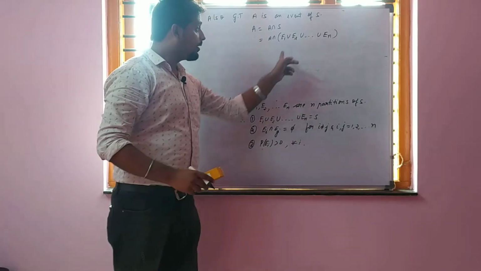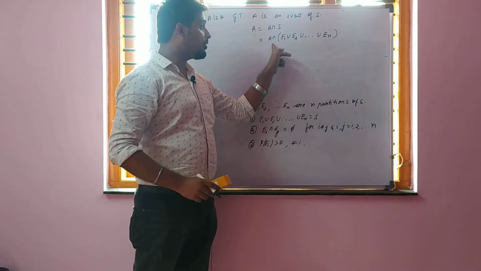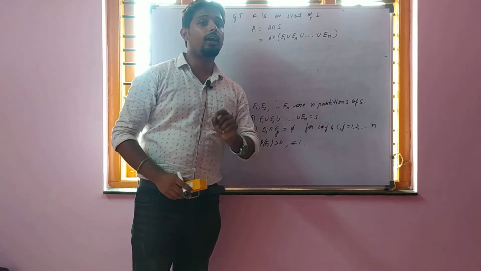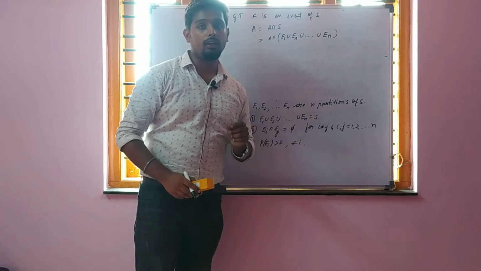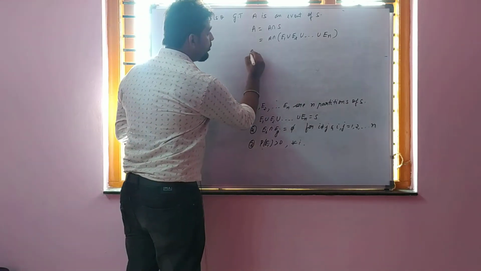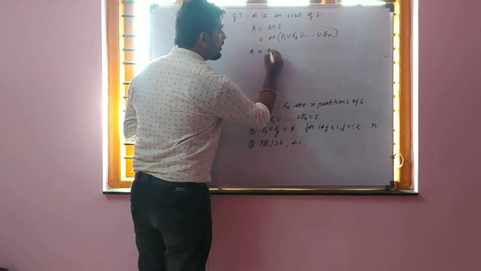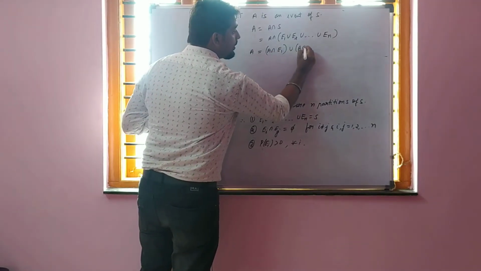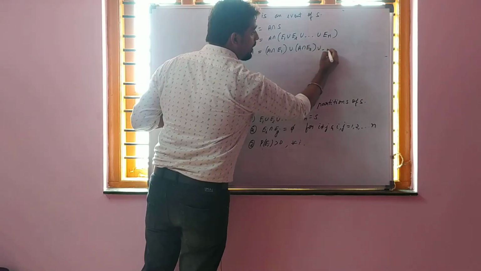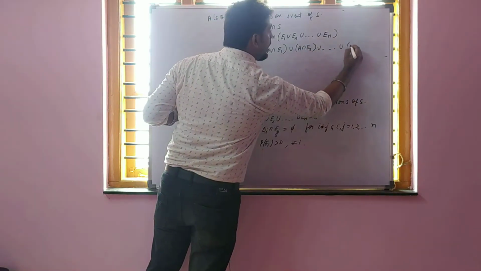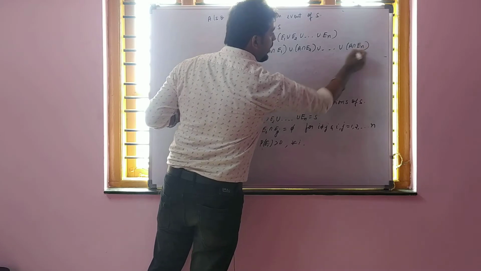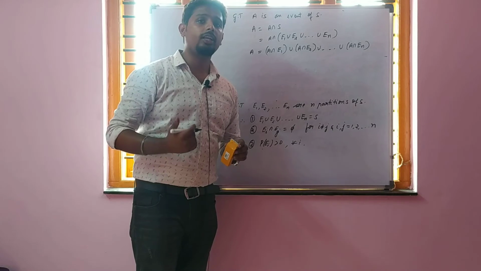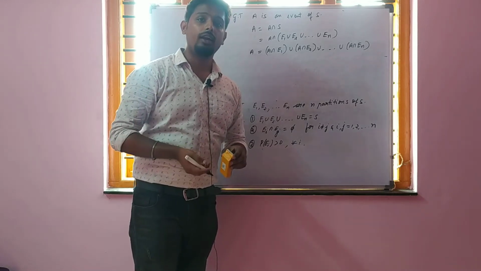But here the operations are different. So what do we need to do now? Yes students, you are right, we need to go with the distributive property. So if we use the distributive property, then we get A intersection E1, union A intersection E2, and so on up to A intersection En, right? Now we are almost close to the expression we require.